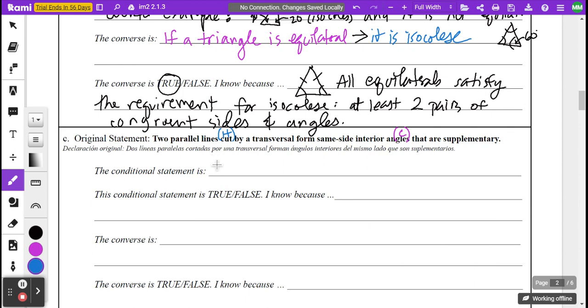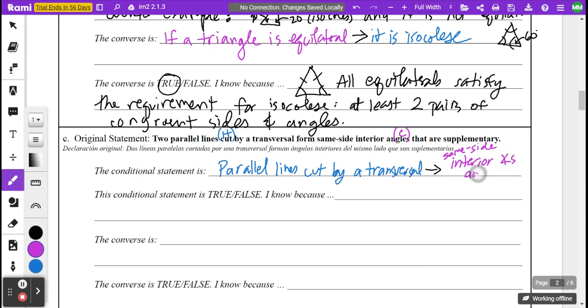parallel lines cut by a transversal implies same side interior angles are congruent.